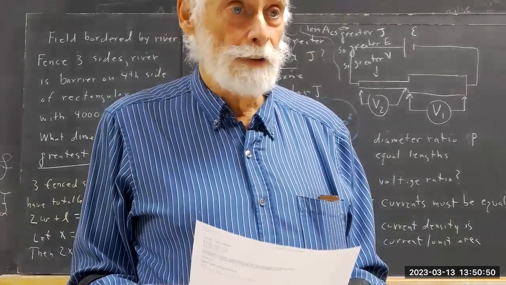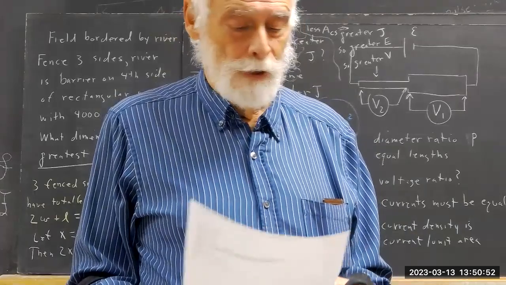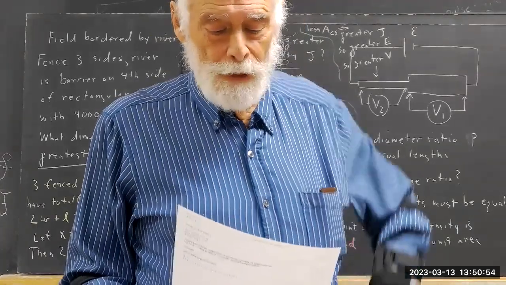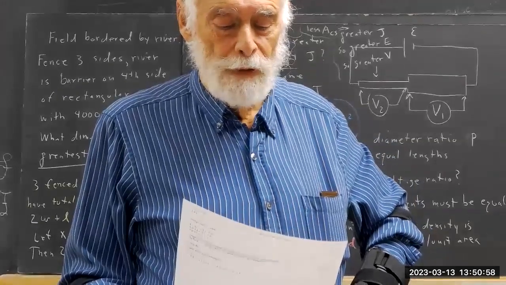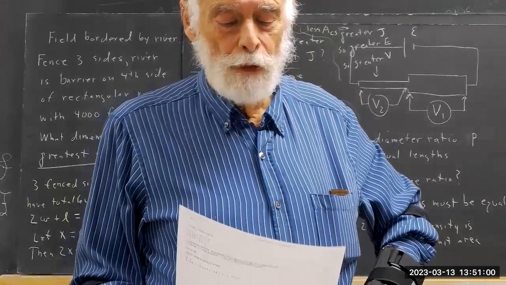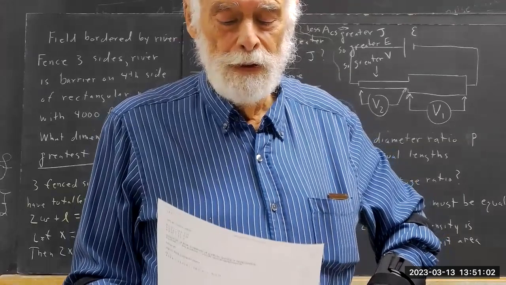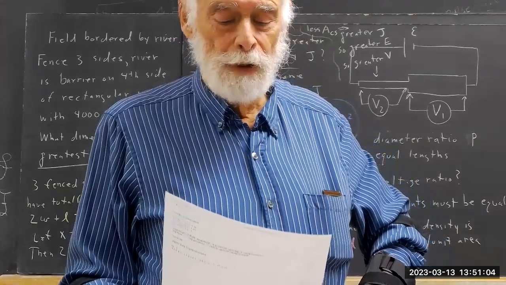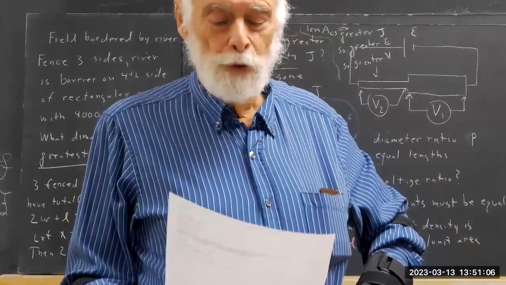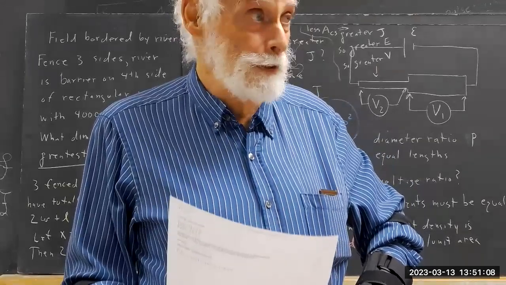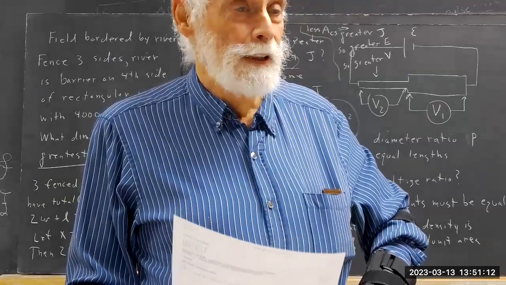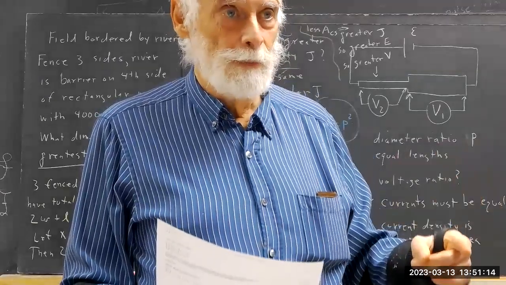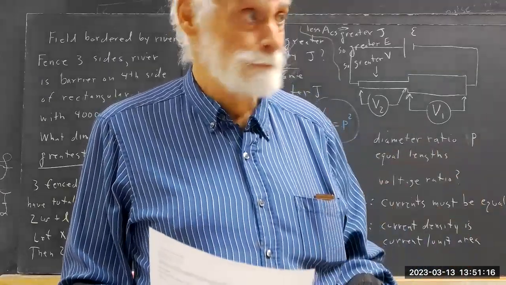Nodes occur when kx equals n lambda. See what that one means. Cosine of kx minus omega t plus the cosine of kx plus omega t equals 2 cosine of kx cosine of omega t. You can prove that if you know that the cosine of a plus b is the cosine of a times the cosine of b minus the sine of a times the sine of b.